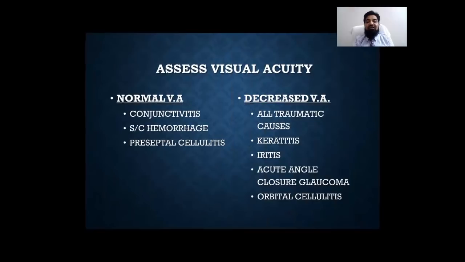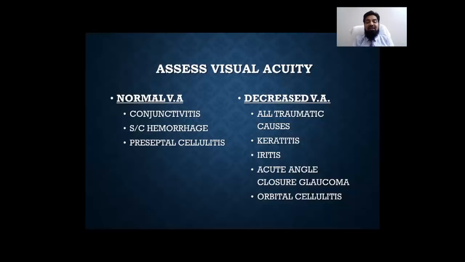When we do the visual acuity, of course we see whether the vision is normal or decreased, because in some conditions the vision is normal and in some conditions the vision is decreased. Normally when a patient has conjunctivitis, of course the vision is normal.